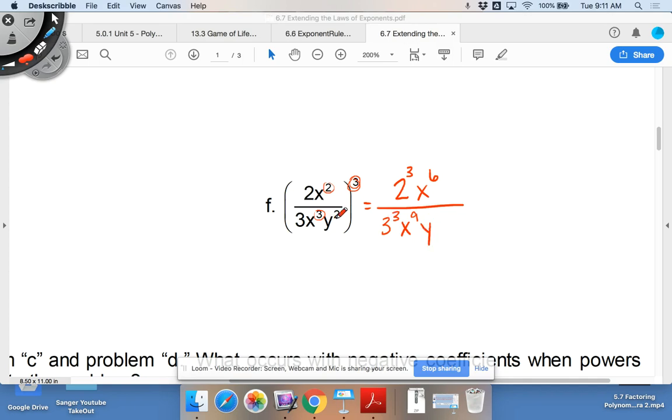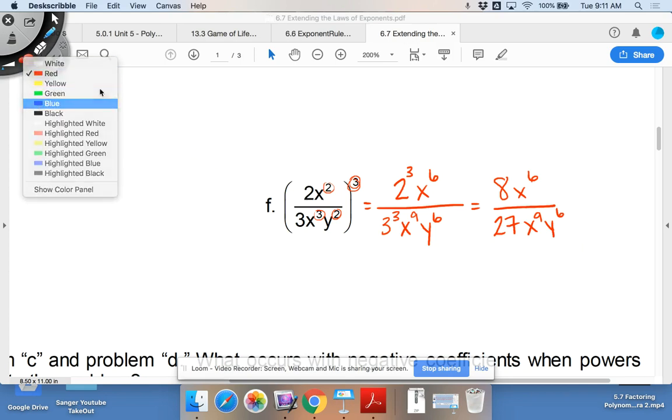And then y to the 2 times 3 is 6. We're going to clean this up a little bit. We're going to actually find 2 to the third power is 8, x to the 6th. 3 to the third power is 27, x to the 9, y to the 6.